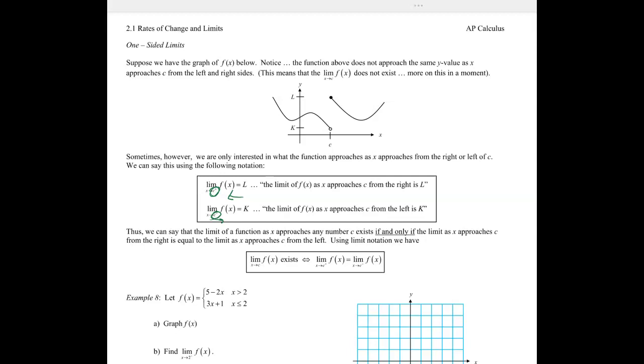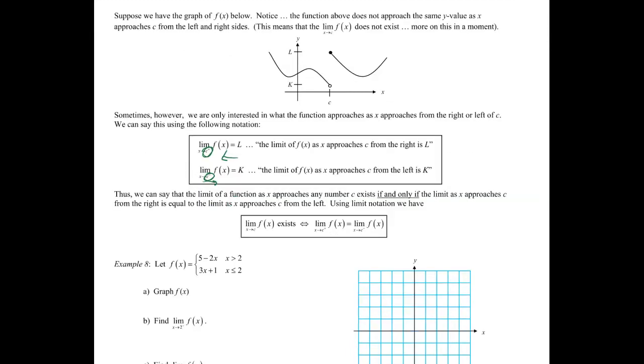Now we can say that the limit of a function as x approaches any number c exists if and only if the limit as x approaches c from the right is equal to the limit as x approaches c from the left. Using the notation, we have this, which says the limit of f of x as x approaches c exists if and only if, which normally I abbreviate as iff, but technically the real shorthand are those two arrows.